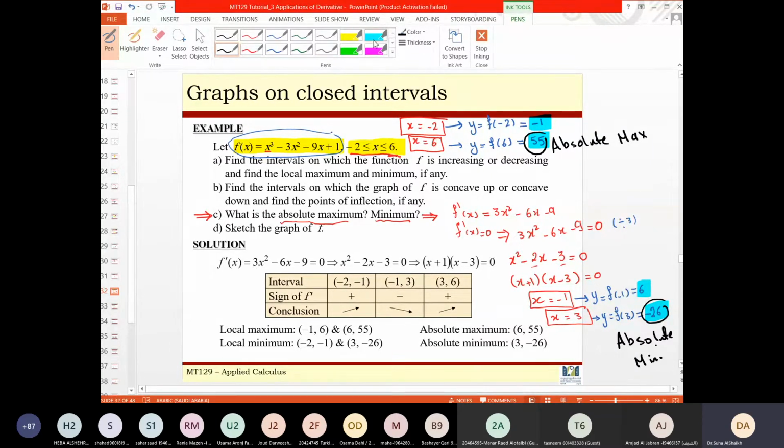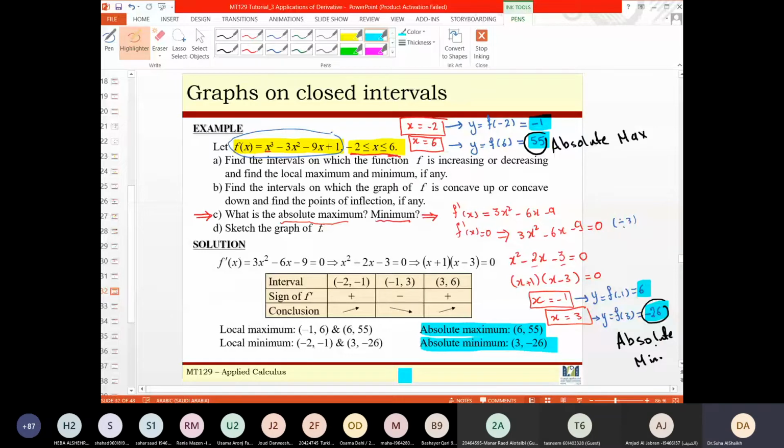You got it? So you can see here, the absolute maximum is this. The absolute minimum is the 3 and the minus 26. Yeah, you need steps. You need steps. You got it? And this solves the C.